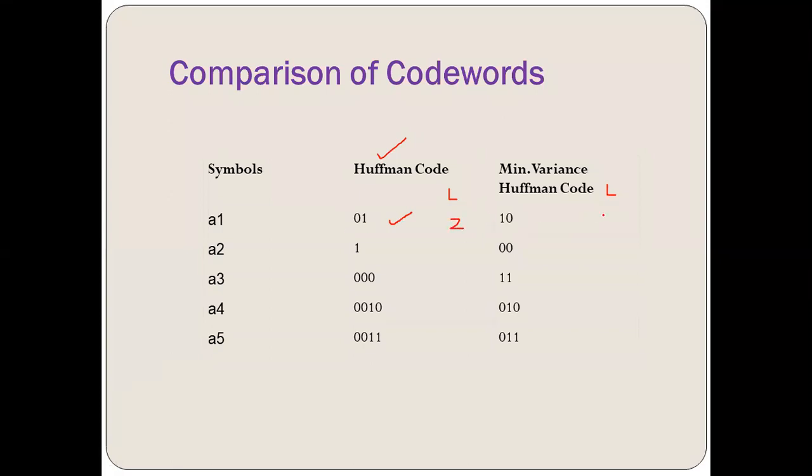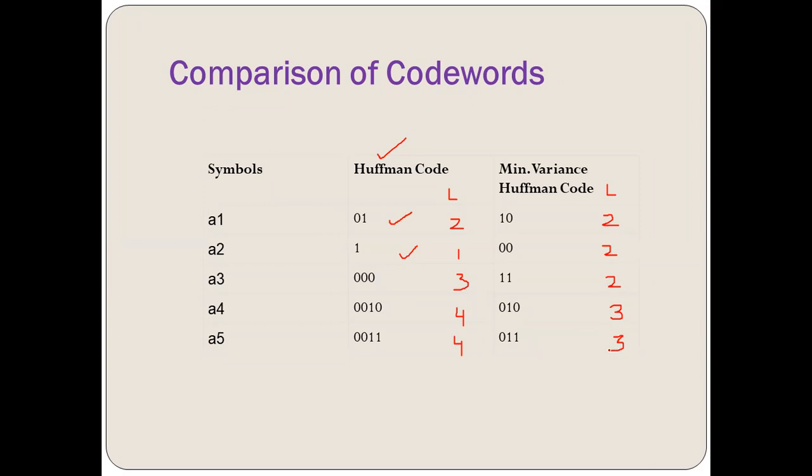For A1, again it is 2. The length of the code word for A2 is 1 here, and here it is 2. In A3, we have the length as 3, and here we have 2. Here the length is 4, and here it is 3. Again in A5 we have 4, and here we have the length as 3.